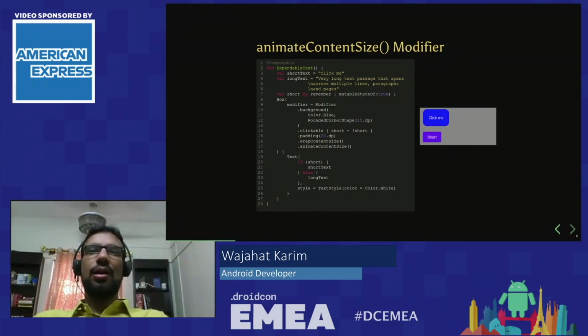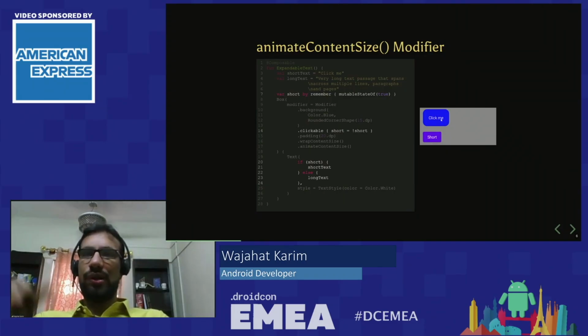For example, I have a short text here and a long text here, and now I have this set up for whether I should show short text or long text. So I have swapped it on click. If the button is clicked, then short becomes long and long becomes short.